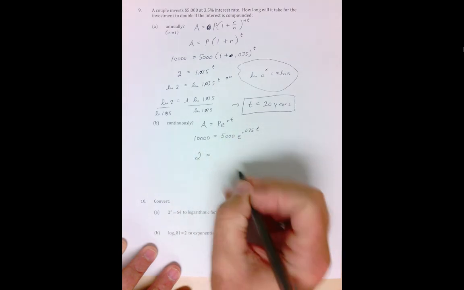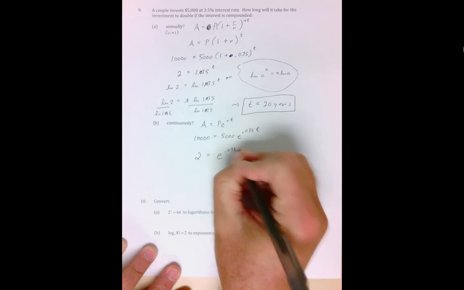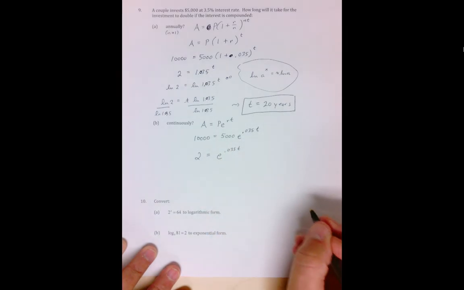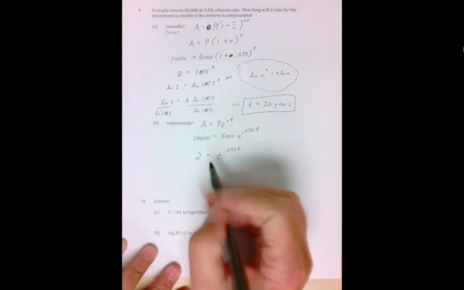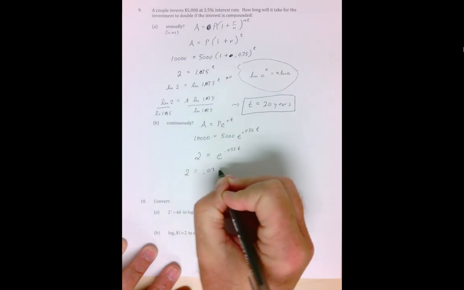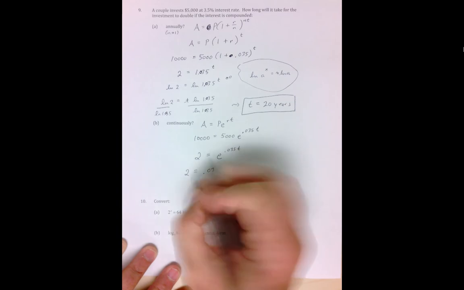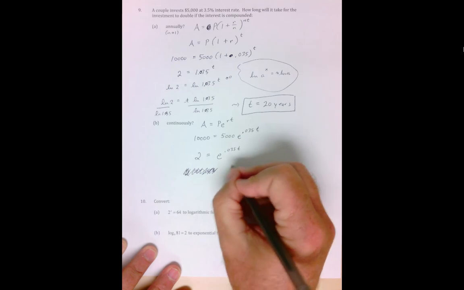I think we all see that that's going to lead to 2 equals e to the 0.035t. I'm going to use this property again. This is going to be a property that we're going to use over and over and over, so that's going to bring this out. Shoot, what am I talking about? We got to take the natural log of both sides.